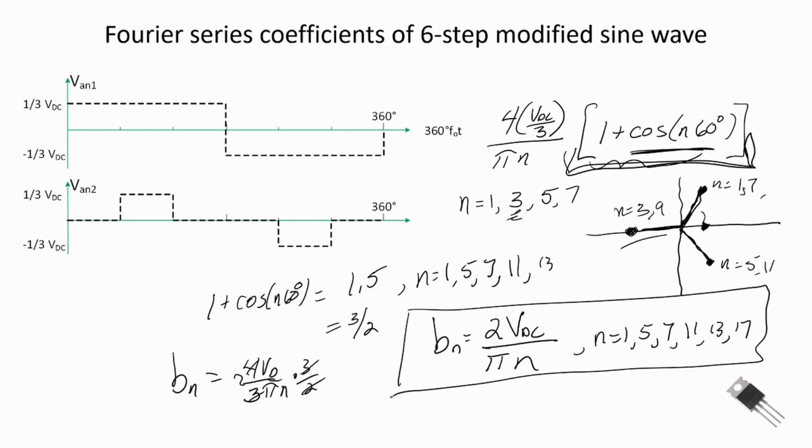Our third harmonic is equal to 0 for our 6-step modified sine wave. And you probably want to write this equation down in your notes as well.